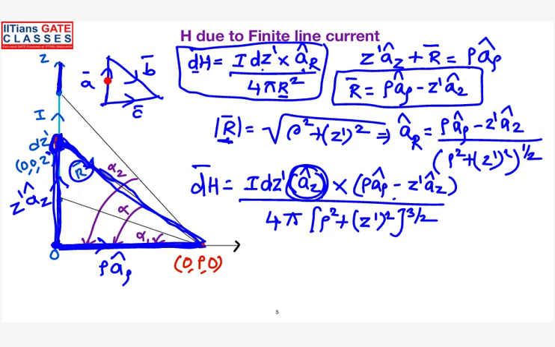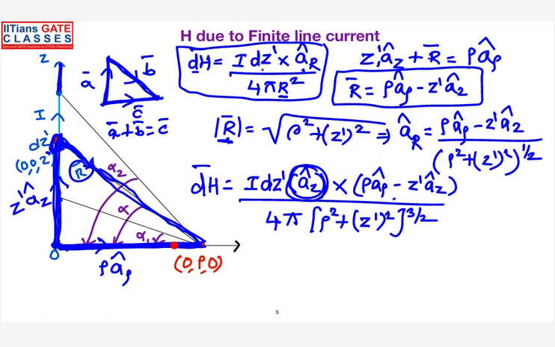When you start from here, A bar plus B bar is equal to C bar. Will you agree with me? Yes. A bar is z prime into a_z cap, and B bar is your resultant vector R bar, and C bar is nothing but rho into a_rho cap. You got the point? Yes. So the same thing I was directly substituting.